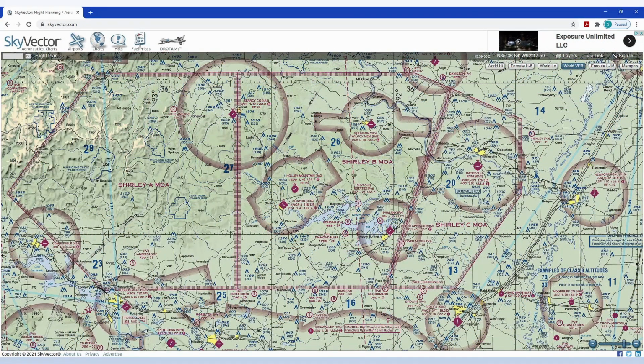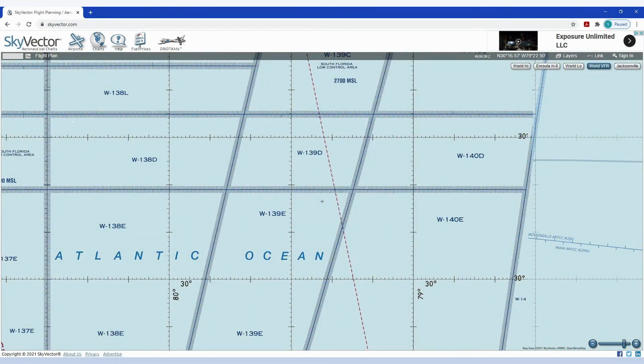The other types of airspace depicted on the charts are called special use airspace. These areas are depicted with red hatched lines for military operations areas and alert areas, and blue hatched lines for restricted, prohibited, and warning areas. These areas exist because some type of hazard exists in these areas that makes flying there dangerous, things like artillery fire.